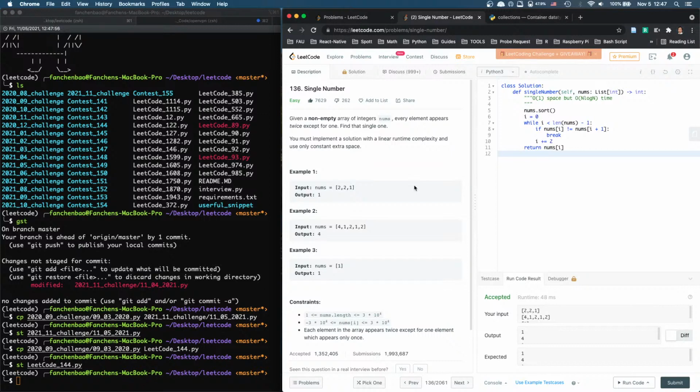Hold on. What if I find the sum, and everyone I encounter, I double it? Hold on. This might be an idea. What if I find the sum of everything? So 2, 2, 1, right? If I find the sum of 5, and then when it goes in, 2 times 2, 2 times 2, 1 times 2.